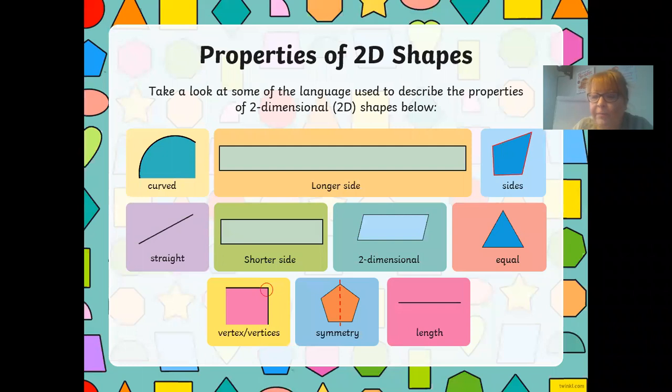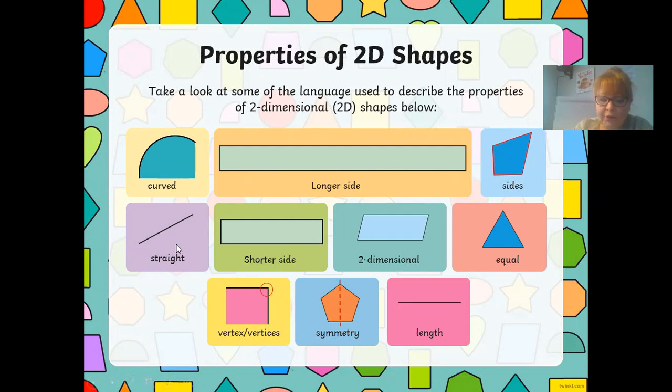So moving on then, when I'm talking about the properties of 2D shapes, I might be using some of the language that you can see below. So 2D meaning two-dimensional. So we might talk about a curved side or curved edge on our shape today. We might talk about the longer side or the shorter side, and the sides being around the edge of the shape that join together to give it the actual shape.